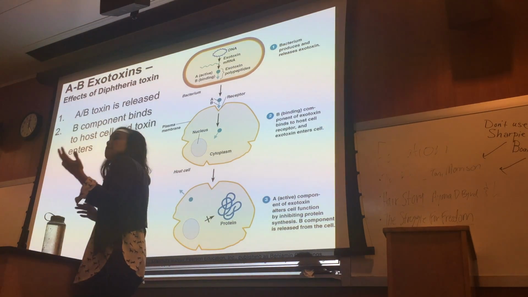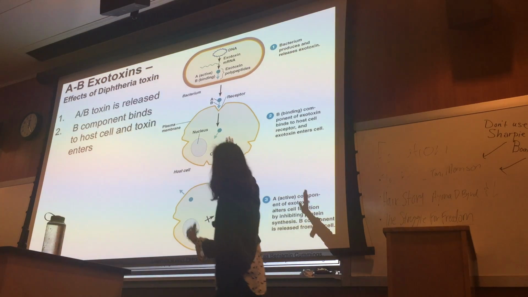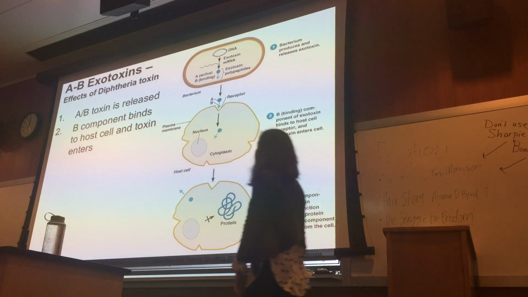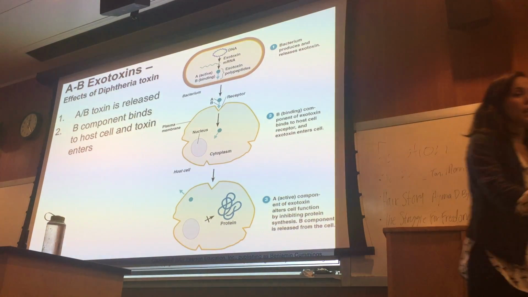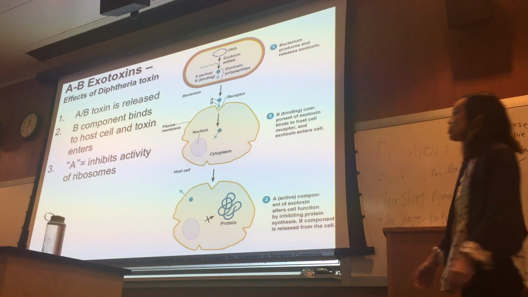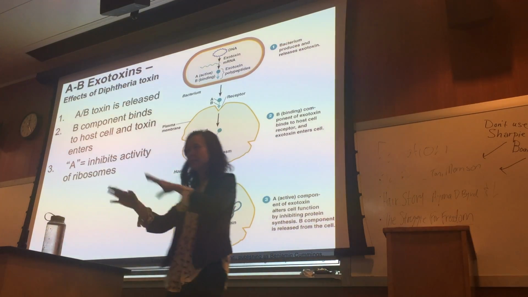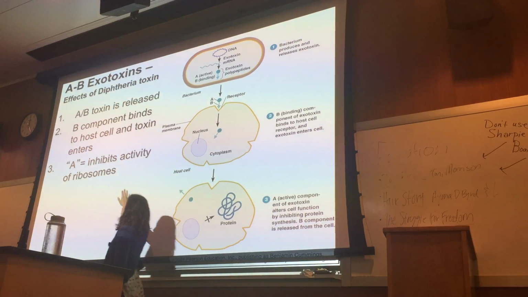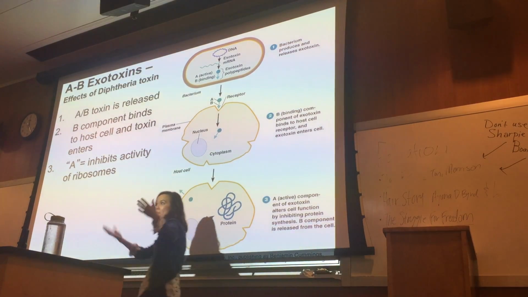After it binds, the whole toxin will actually enter your cells, the whole entire thing. And then eventually, what the A part will do, because we said the A is what does the damage, it has the effect, is it'll start to shut down your ribosomes.